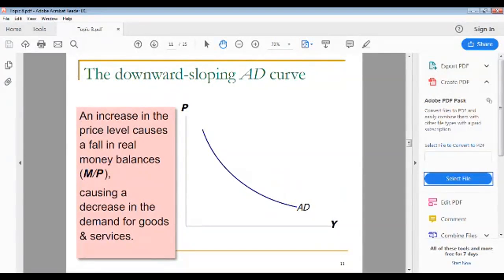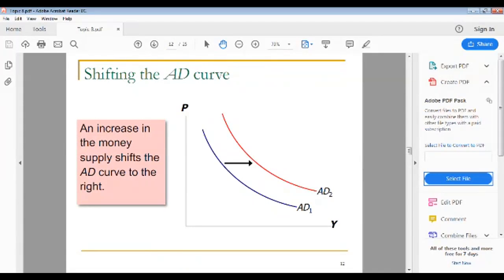When the price level is going up, the whole term is going down, so quantity is lower. As the price level falls, the whole term gets larger, so now I'm way out here. But if I change the numerator, M, as if I increase the money supply, it shifts the AD curve to the right.